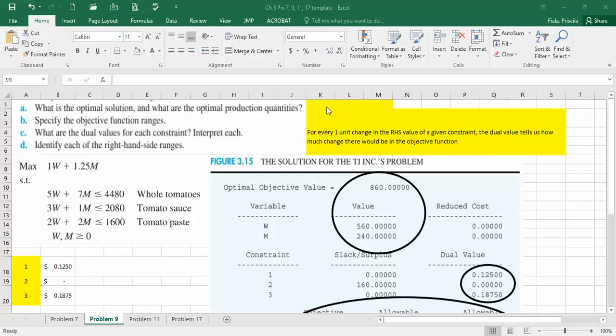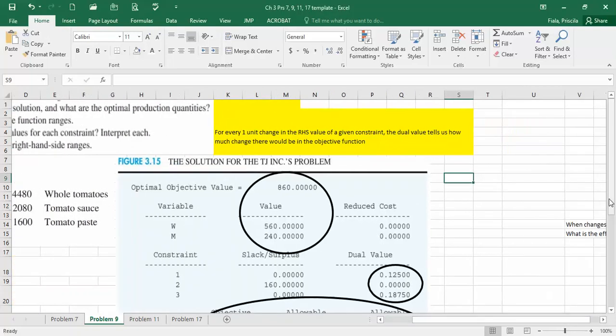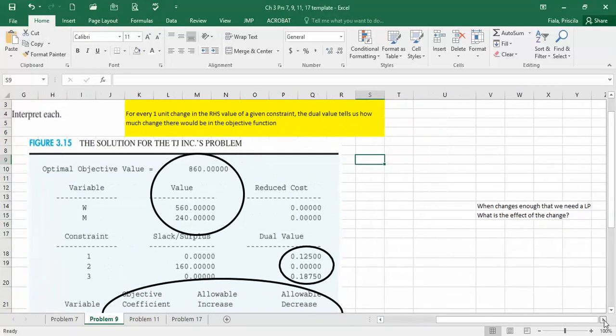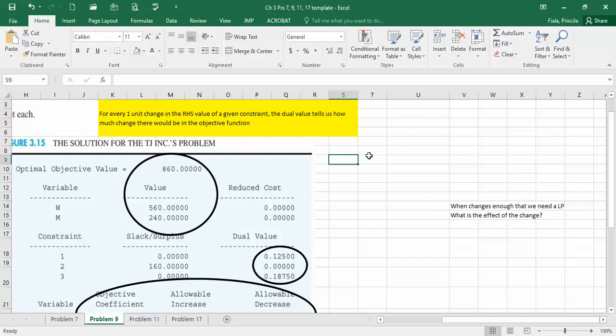So let's go ahead and start with problem A. I believe I put some notes pretty much saying that the sensitivity analysis report tells you when changes are small enough that we don't need to develop a new linear programming model. So how much?